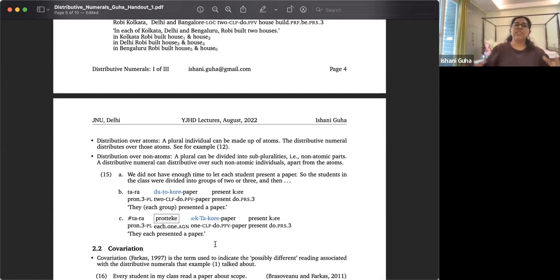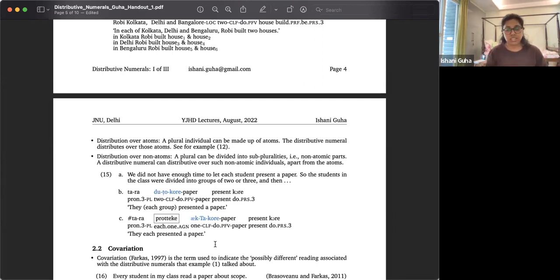Anyway, a plural can also be divided into sub-pluralities. It's not necessary that a plural is only composed of atoms. So three girls can be composed of a group of two girls and one girl. Or, if you're talking about overlapping subparts, with those three girls I can form three different groups.